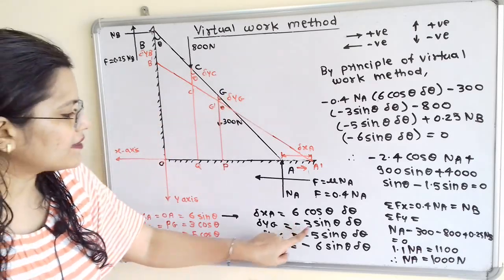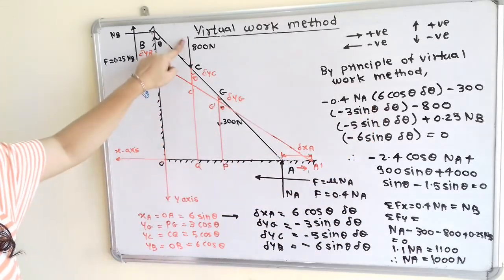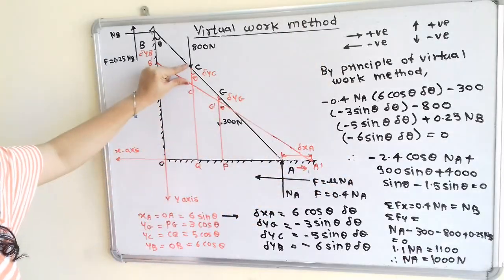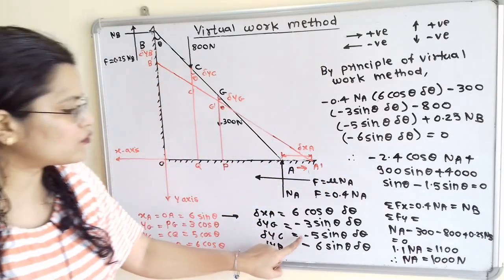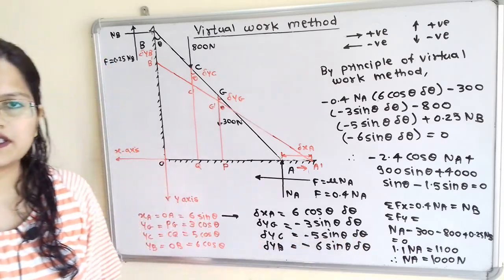So here minus 3 sin theta delta theta. Next is 800. So it is downward direction. So minus 800 multiplied by the displacement we have to take with minus sign, minus 5 sin theta delta theta.